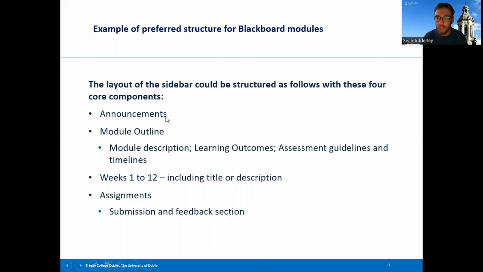You have a section for announcements, and a section with the module outline, including a module description, learning outcomes, and assessment and assignment guidelines and timelines. Then the content is divided by weeks, weeks 1 to 12, including a title and/or a description of that week. Also include a section for assignments, both for submitting assignments, but also for obtaining feedback on those assignments too.